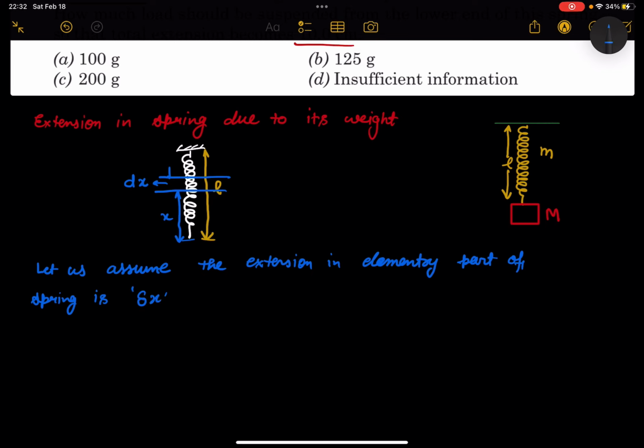So dx is the length of the spring, and in this dx, the delta x extension will happen.